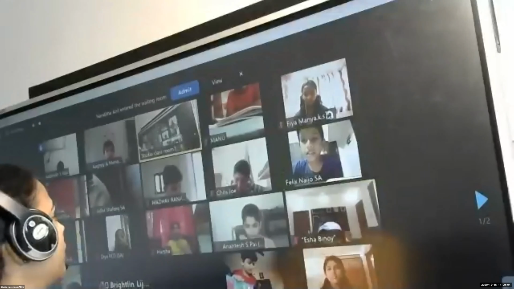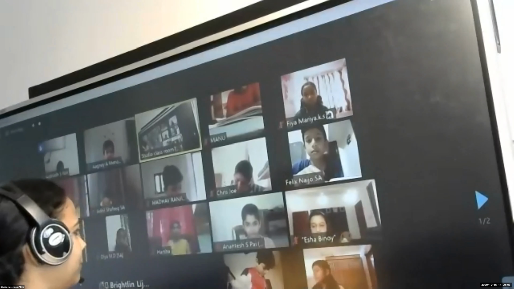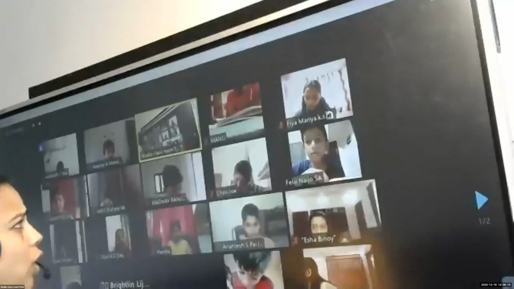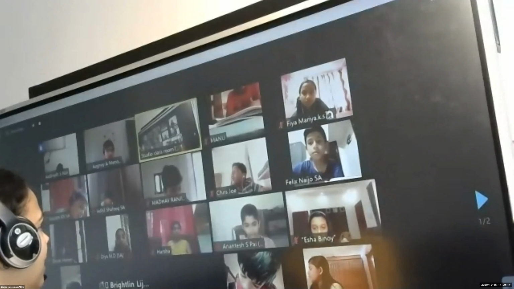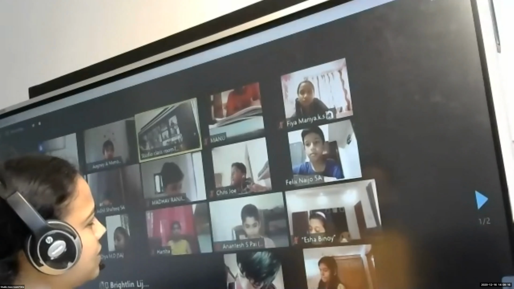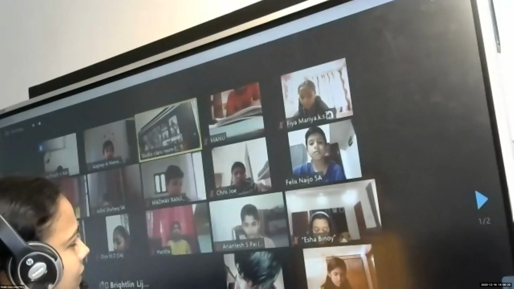Felix, question number 2. The factors of 7 are 1 and dash. 7. Because children, we know 7 is a prime number, so it has only two factors, 7 and 1. The highest factor will be the number itself. And which is the smallest factor?